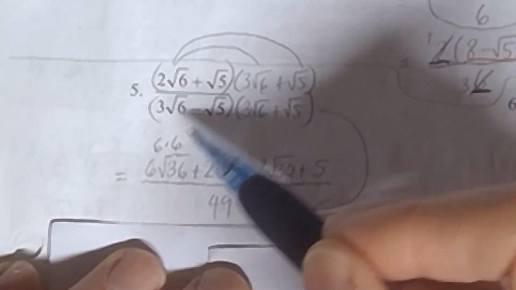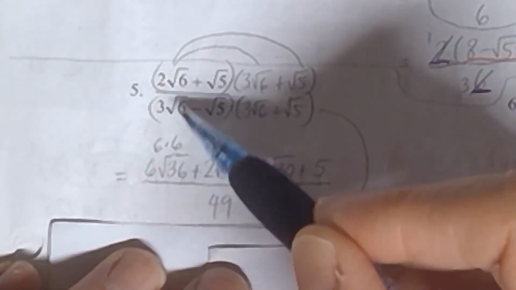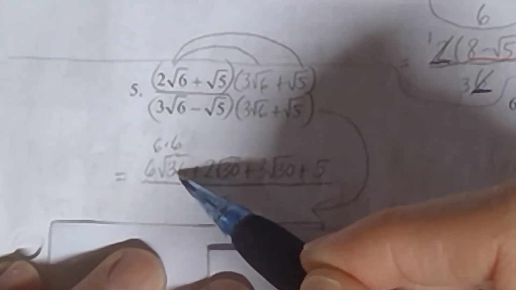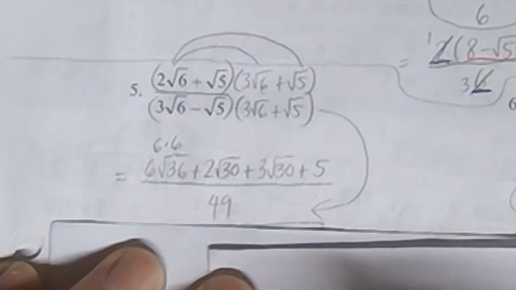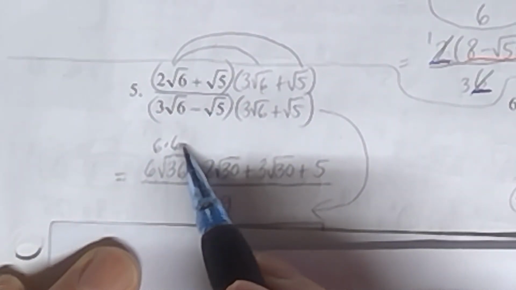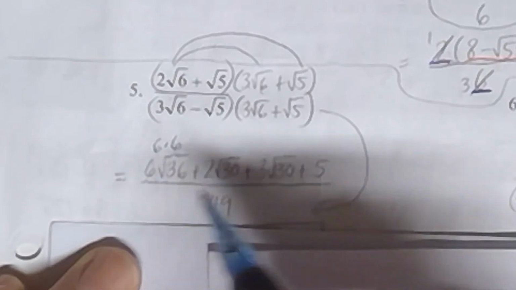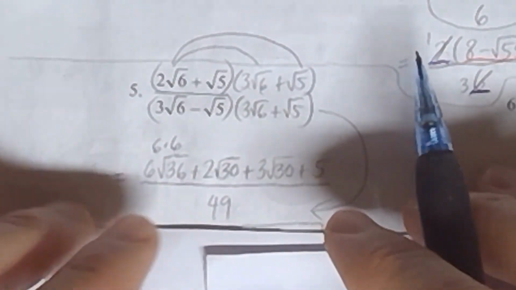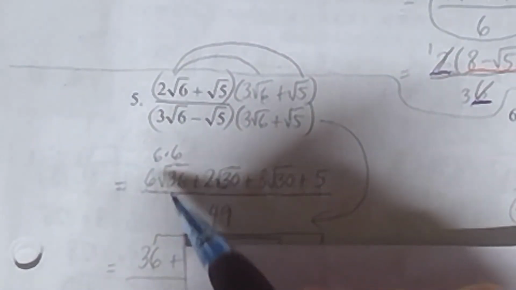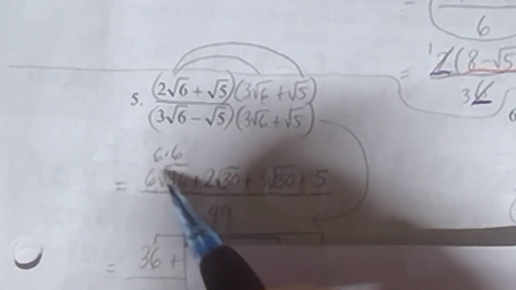Outside times outside stays outside, so that's the 6. Inside times inside stays inside, and so that would give you the 36 on the inside. But we know that the square root of 36 is equal to 6. And so that's why in the next step here, the first term in the numerator is just going to be 36 right here.